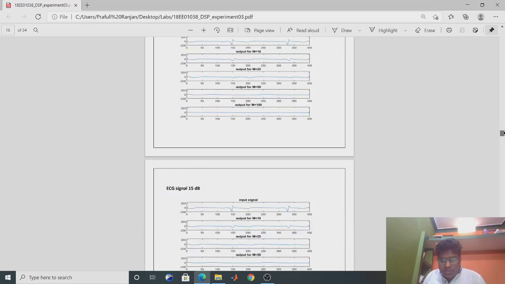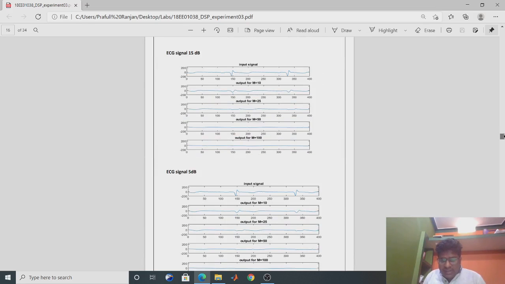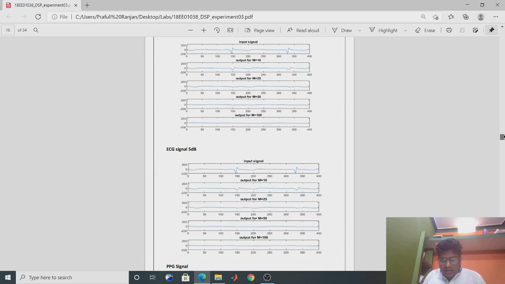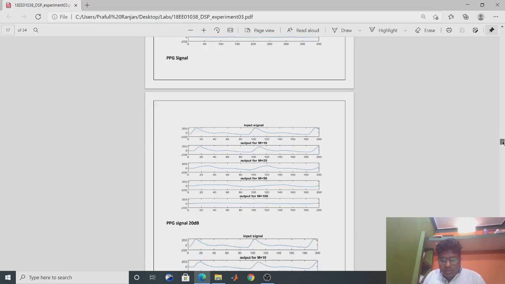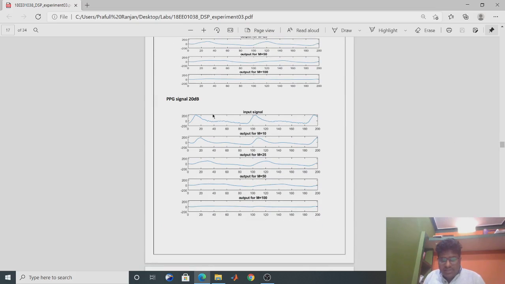So we will choose a proper M to design the M point moving average. We will choose some proper value, like in between M is equal to 10 and 100. So this is for the PPG signal, 20 dB. We can see here these are the plots. For m is equal to 100, the peak is like dying.